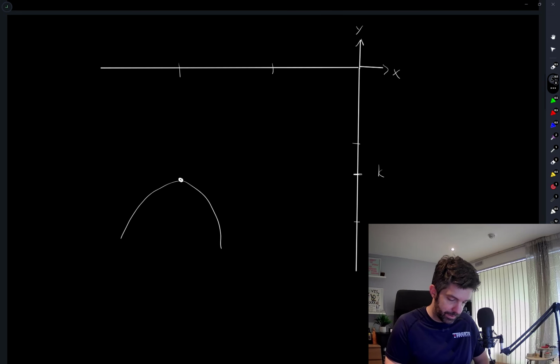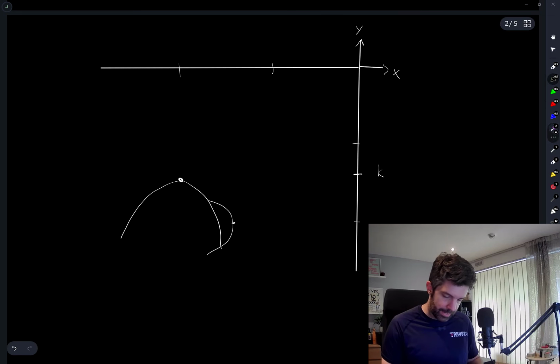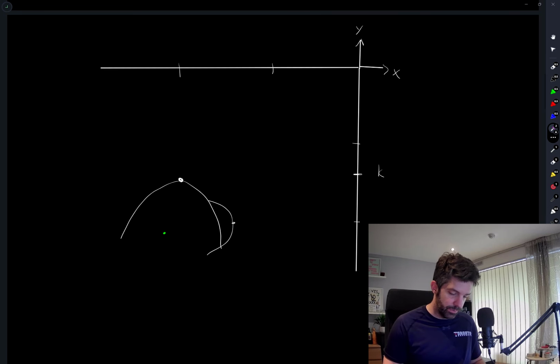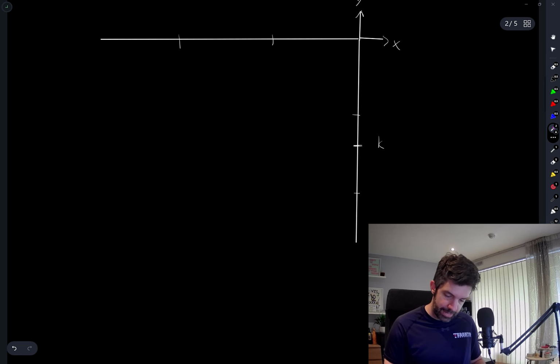So we should do the same thing here. Okay. As I make k more and more negative, this point will start to move down, and this point will start to move left. We see that we might eventually get some tangency between these two things.